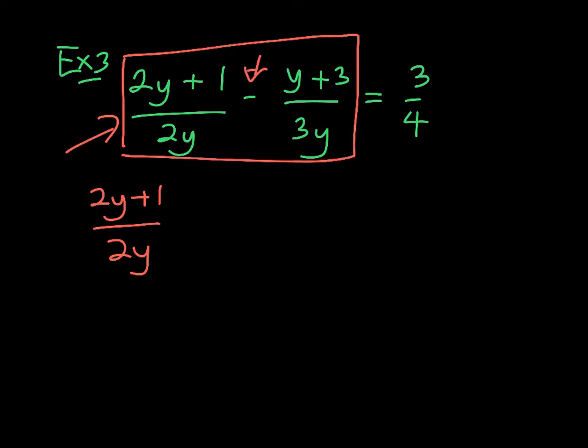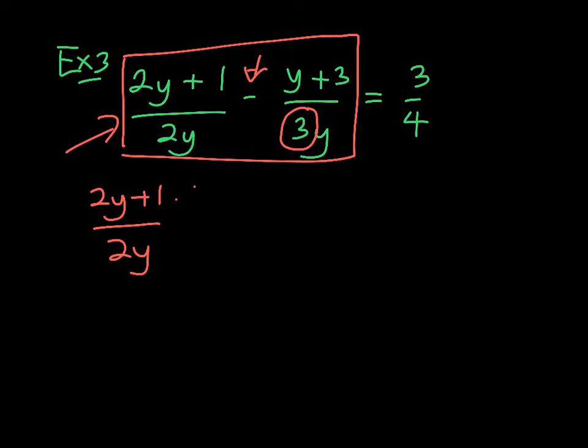So we can use 2 times 3, that is 6. So we can use 6y, because 2y goes in 6y and 3y goes in 6y, or you could use 6y squared. But I think I prefer to use 6y. So what is it that I need to multiply 2y with that will make it 6y? That is 3, which is the coefficient of the opposite denominator.